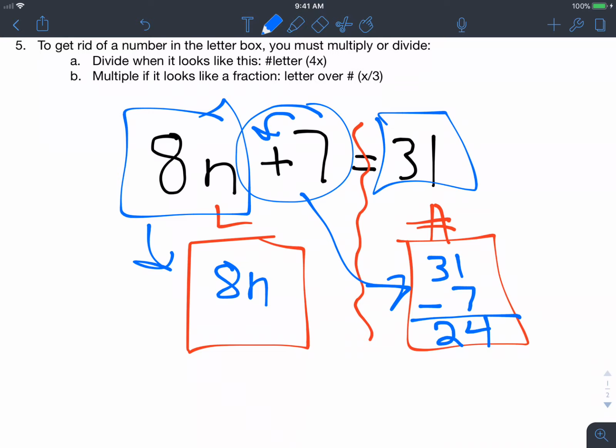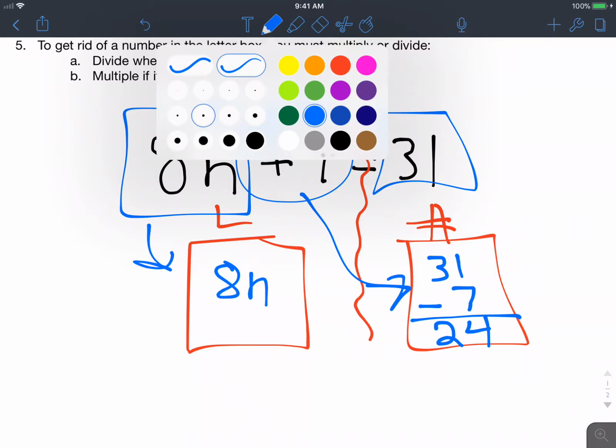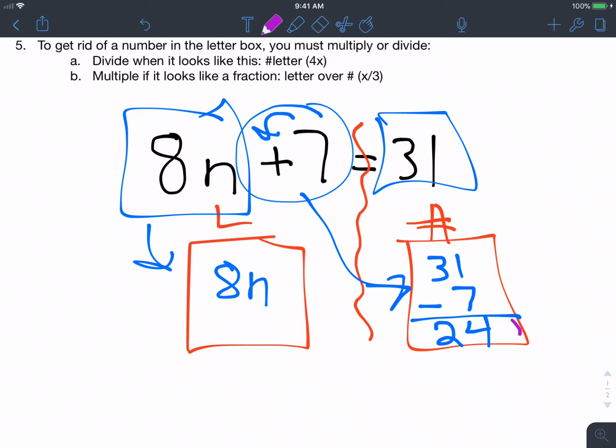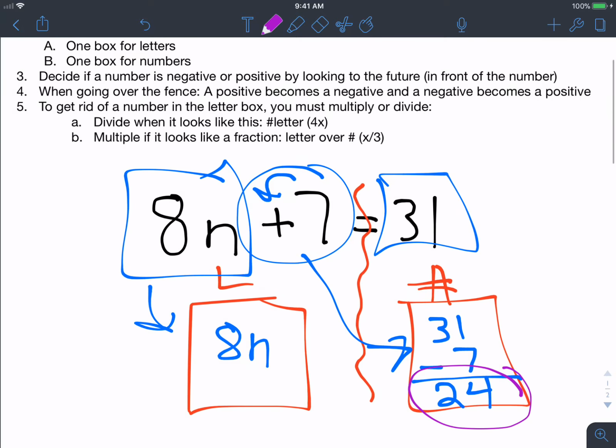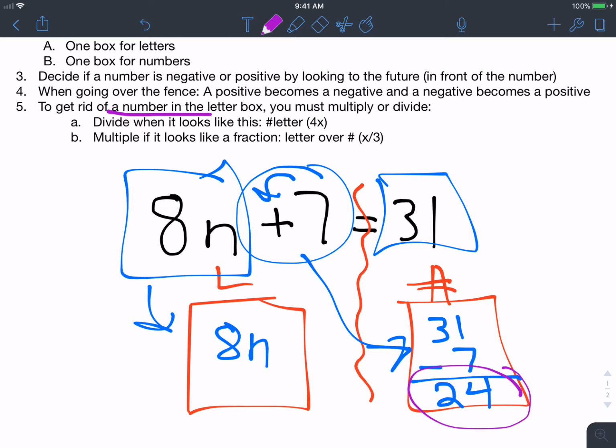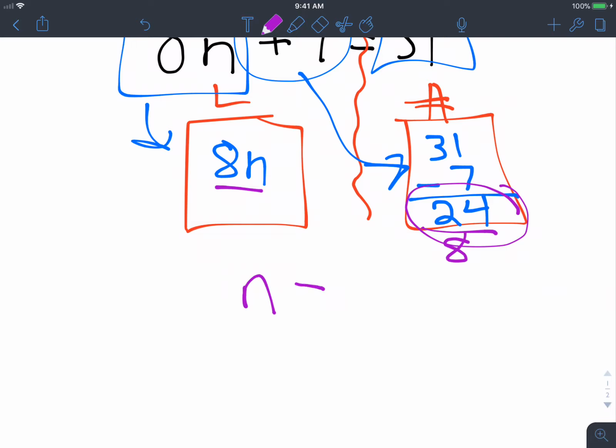That's my new number that I am dealing with now, 24. Now remember, my next step is to get rid of the number in the letter box. So I either have to multiply or divide that number. Since it looks like it's side by side, I have to divide on this one. So I'm going to divide by 8. 24 divided by 8 gives me 3. So n equals 3.